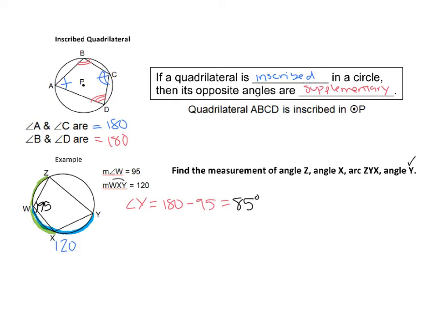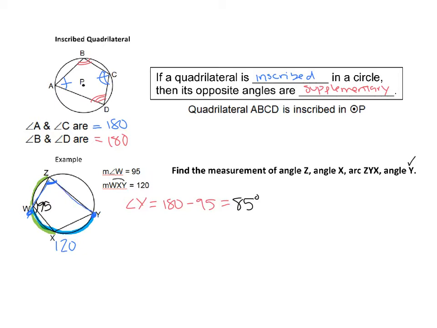Okay, now let's see if we can use this arc information that they gave us, the blue arc, to help us find something. Can anyone figure out where the inscribed angle of that arc is? Hopefully you guys are saying that angle Z here is the inscribed angle. So notice it goes from here to here, which is the distance of the blue arc.